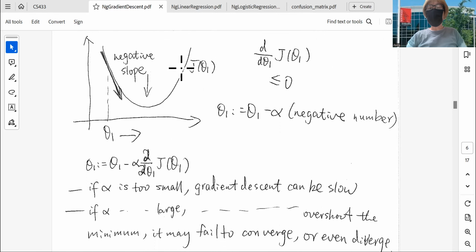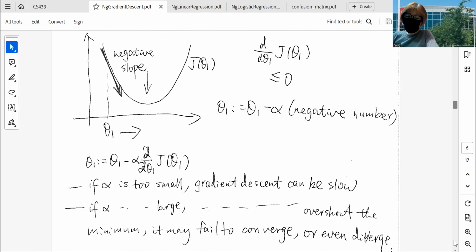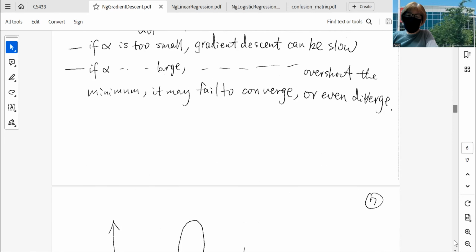But if it is too large, it can overshoot, so it can miss that lowest point. So you need to do testing and training to see what's the best learning rate. Okay, so it also involves trial.